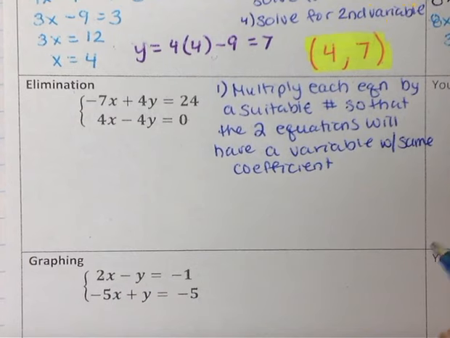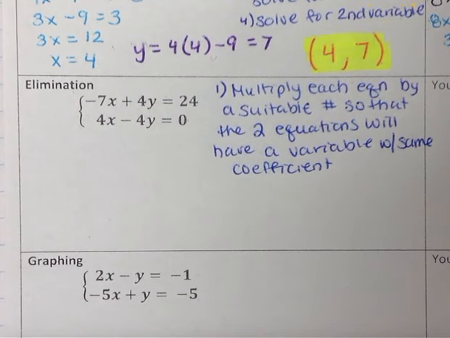That means that they will both have the same number in front of the x or the same number in front of the y.